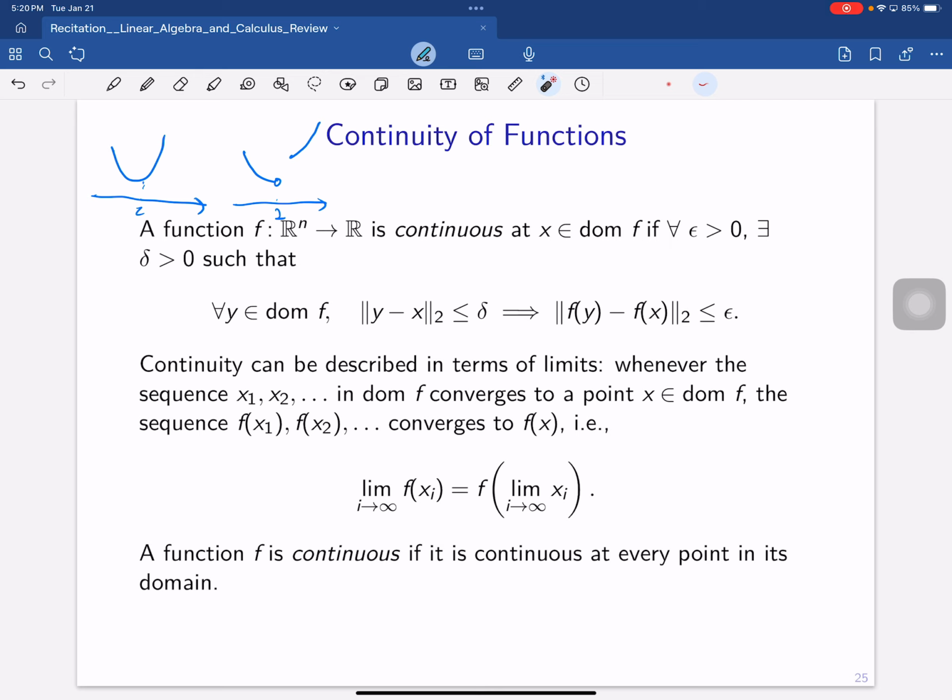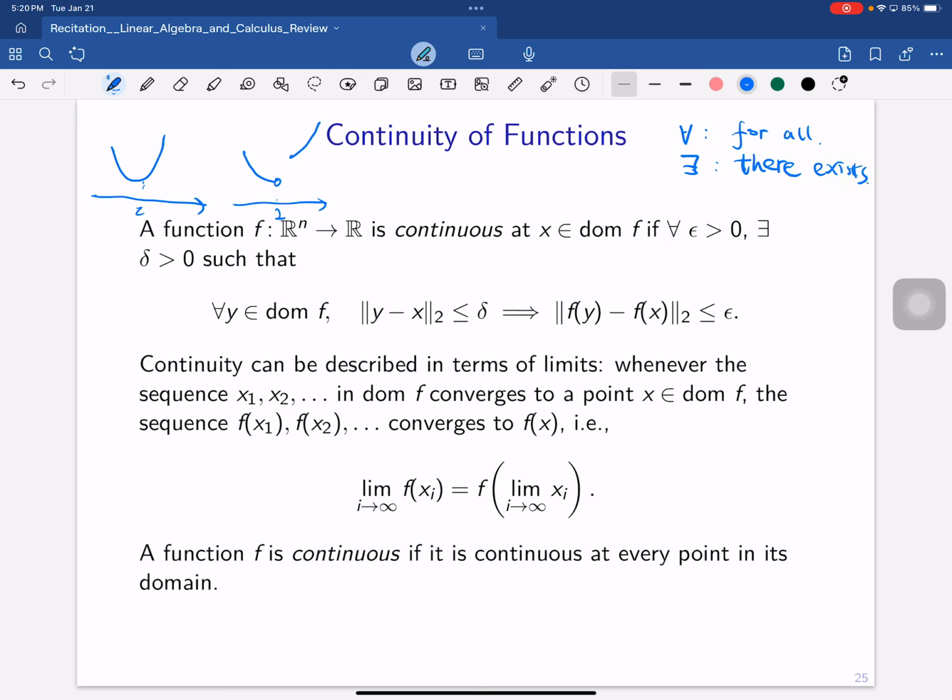Okay, so it says a function is continuous at a given point x in a domain. So using this example here, we are talking about x equals 2 here. Then it says, so this notation here means for all. And then this notation means there exists. Hopefully most people have done this before.